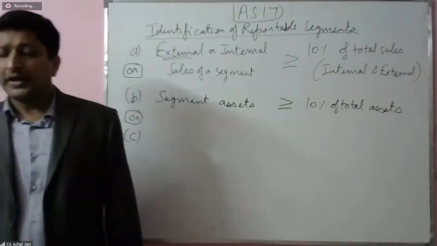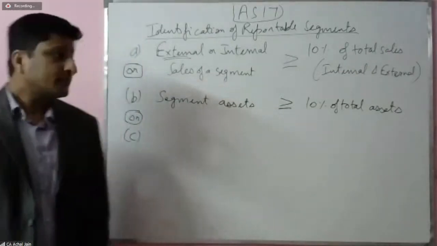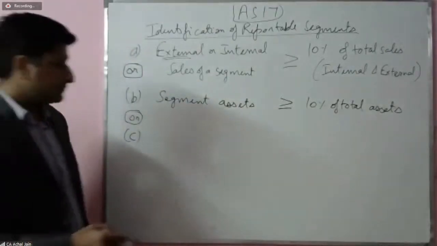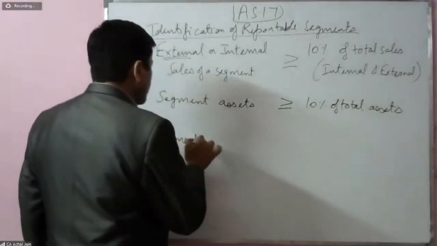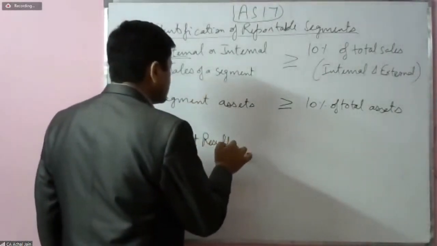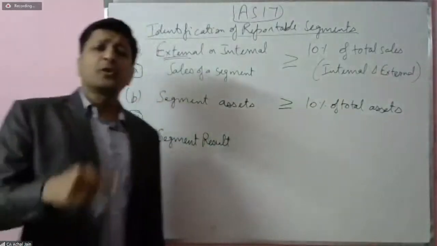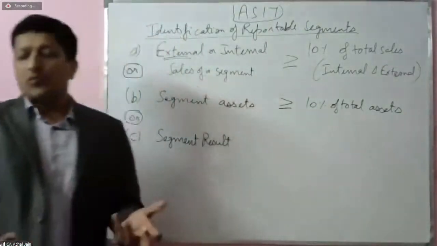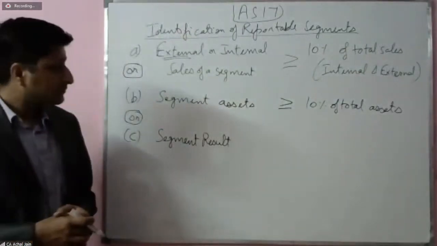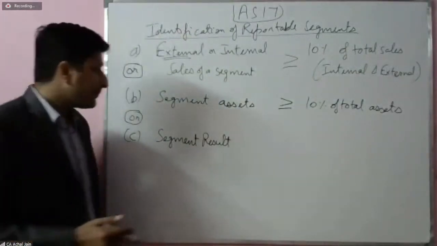Okay. Third criteria: segment result. What do you mean by segment result? It means the profit or loss of the segment. We'll prepare the profit or loss of the segment and check what the segment result is.